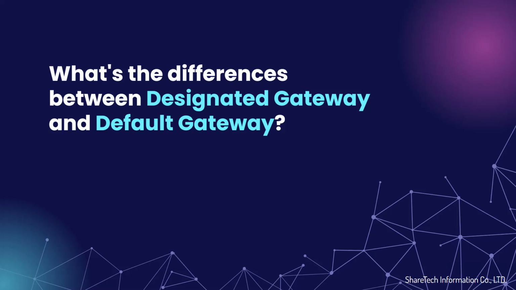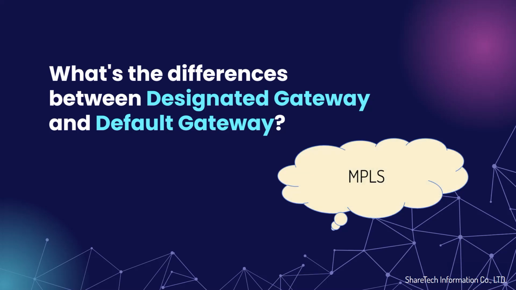Assume that a packet needs to pass through an MPLS interface. You must set up MPLS as a designated gateway to select it in the security policy, rather than set it up as a default gateway, because MPLS is not intended for NU updates.